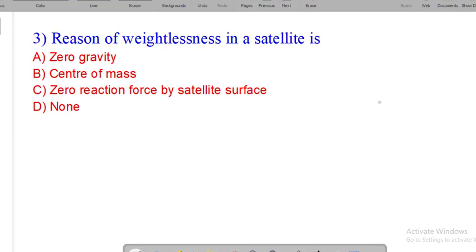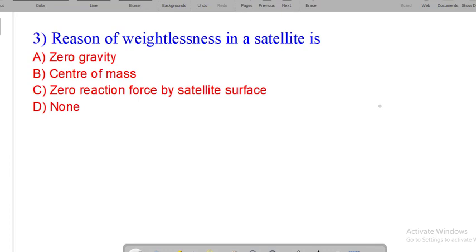One more example: suppose a person is jumping from a very high-rise building. He won't feel his weight until he strikes the ground. When we are on the earth, we feel our weight because we produce some action on the ground and we get a reaction, therefore we feel our weight.